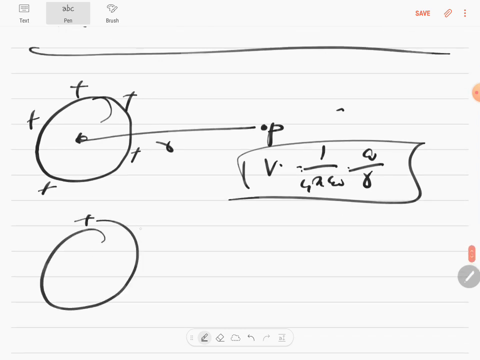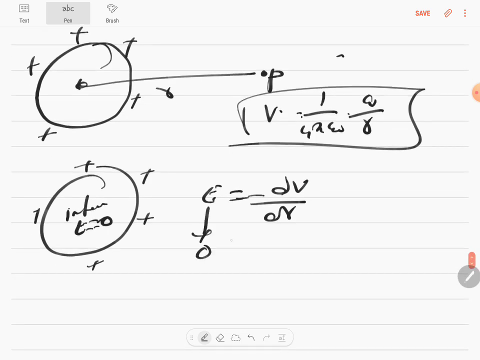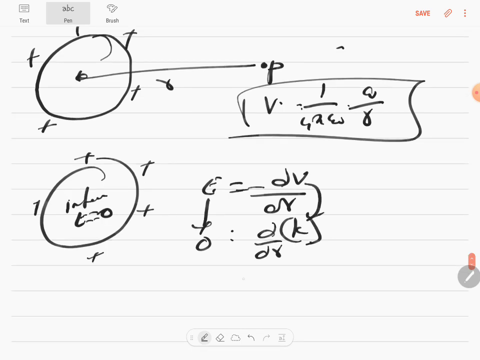Supposing the question is about the interior of the hollow sphere. Electric field interior is 0 and E is equal to minus dV by dr, the negative of the potential gradient. If the electric field itself is 0, the differentiation of only a constant can be 0, therefore the potential is always a constant. Therefore inside it, the potential is always a constant, known as an equipotential surface.